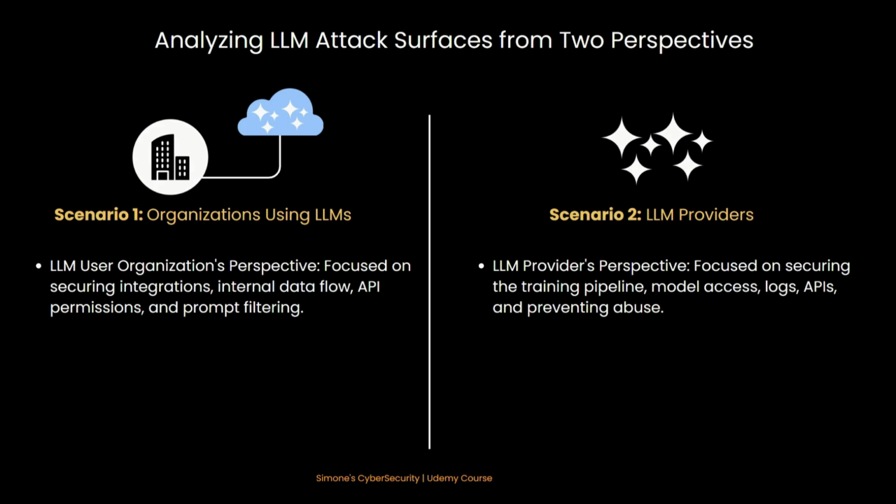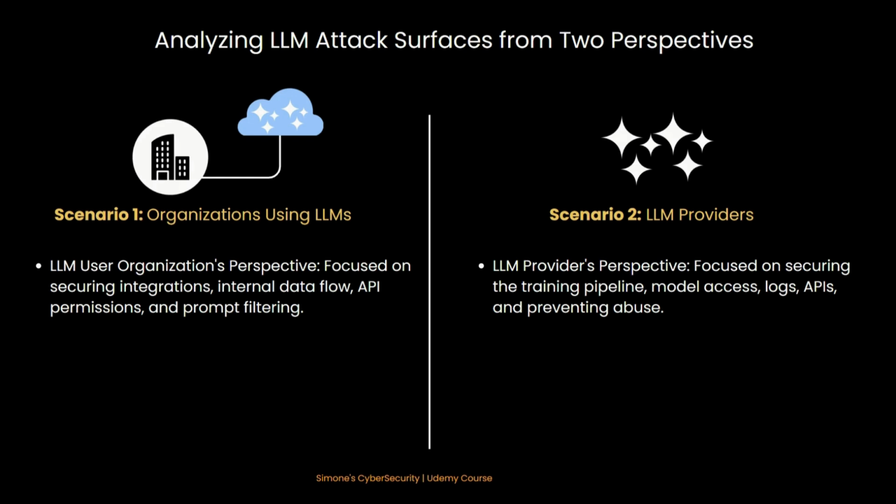And then the second perspective is that of the LLM providers, the companies or open source groups that build, train, and deploy large language models. These providers manage vast infrastructures involving training data pipelines, model serving APIs, logging systems, and often public endpoints.